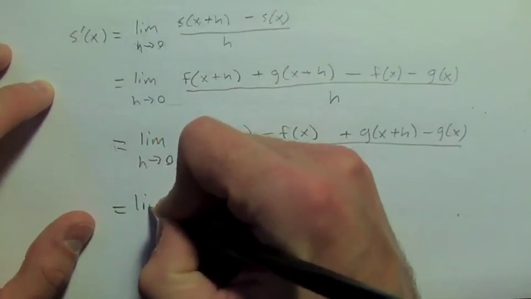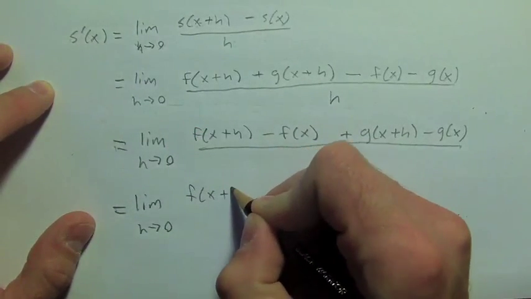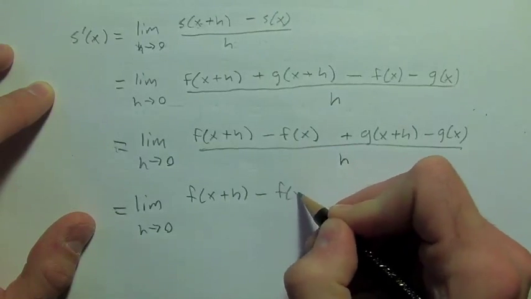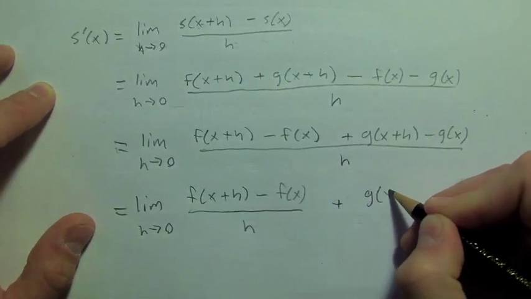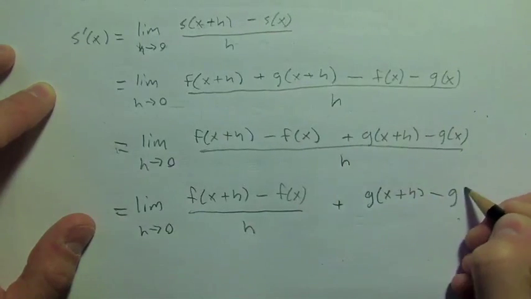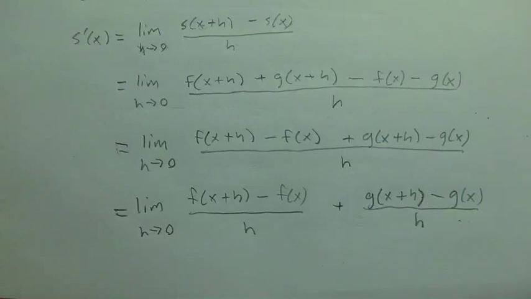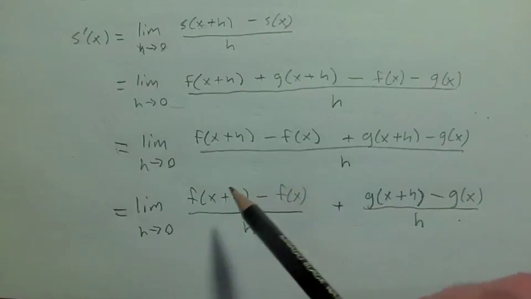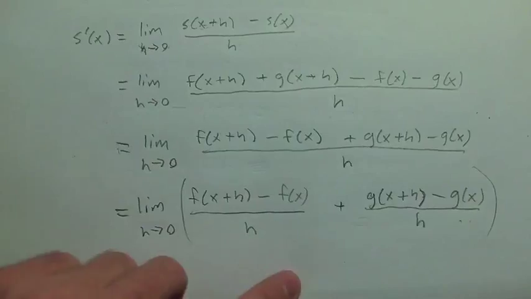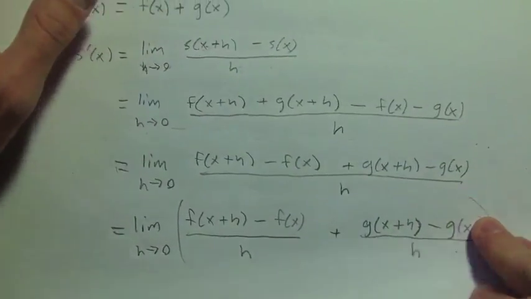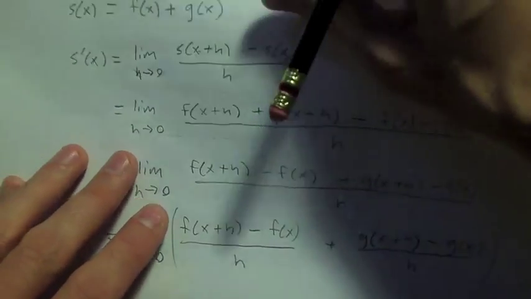Because now I have the limit as h goes to 0 of f of x plus h minus f of x all over h plus g of x plus h minus g of x all over h. Now these should look pretty similar. In fact, I have basically the limit of a sum, and we can use that limit rule that says that I can distribute that limit across sums if I want.